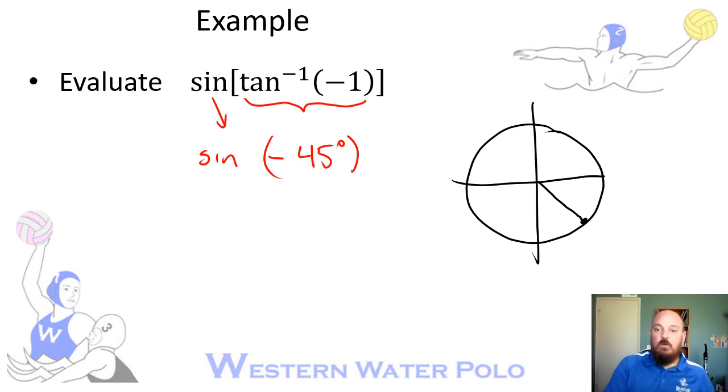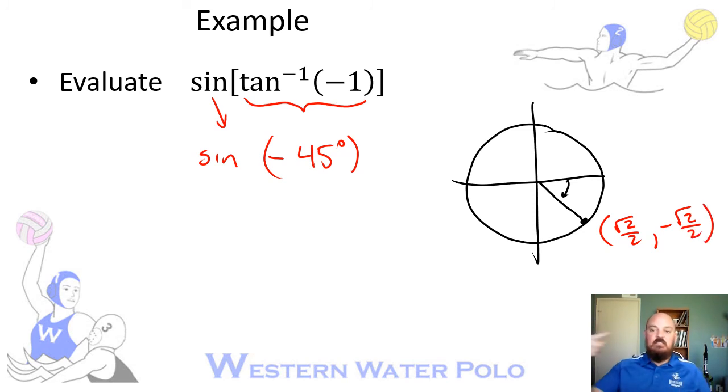It's pi/4, but going backwards. It's the same as 7 pi/4, basically, if you're thinking, oh, I switched to radians, but you guys get the idea. So that point would be positive radical 2/2, comma, negative radical 2/2. Positive because it's to the right for x, negative because it's down for y.